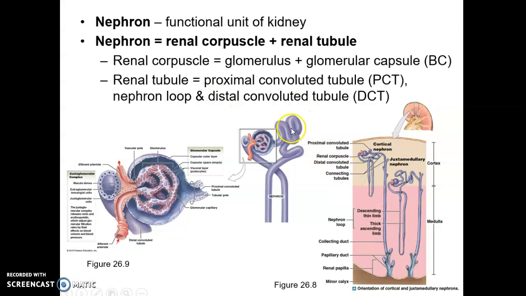The reason this is the proximal convoluted tubule is because it is closer to the glomerular capsule, and the distal one is further away in the sense that the filtrate first enters into the proximal convoluted tubule, then the nephron loop, and then the distal convoluted tubule, which does come back and contacts the renal corpuscle, which you'll learn about more in physiology.